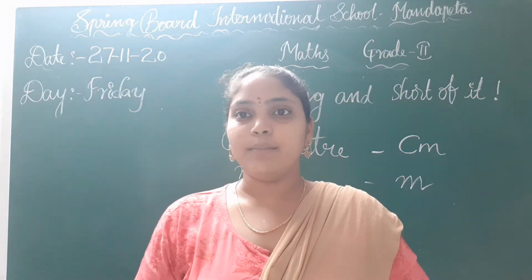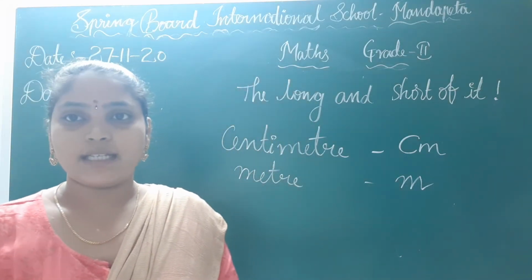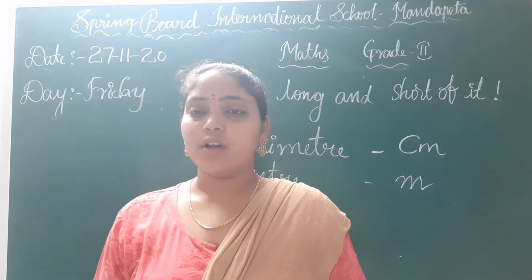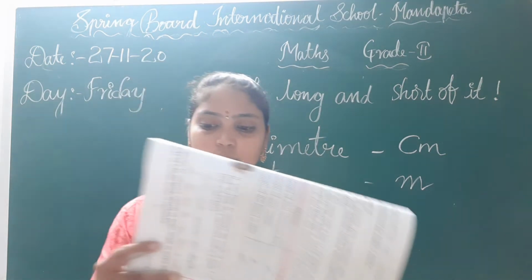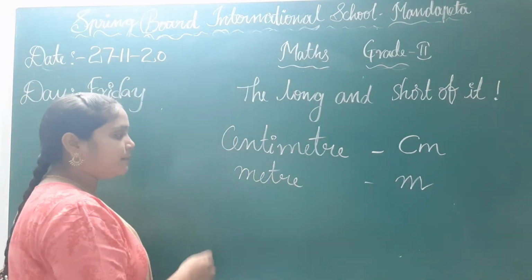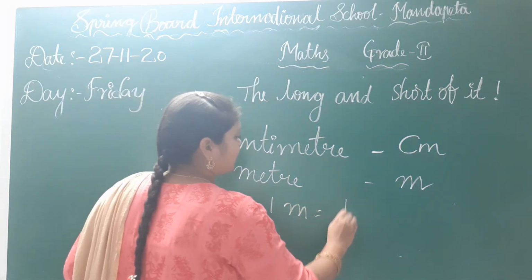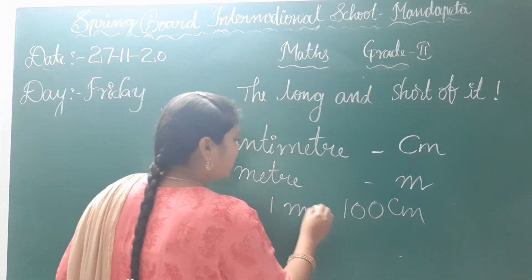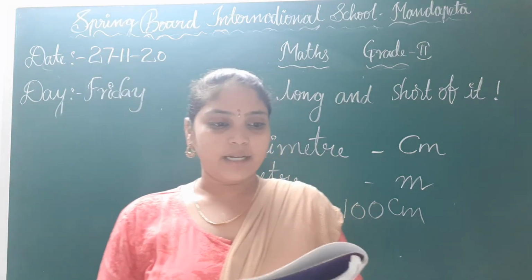We are using meter for measuring the length of longer objects, like the length of the board and the length of the door. And one more thing, everyone remember this point. Okay, children, 1 meter is equal to 100 centimeters.